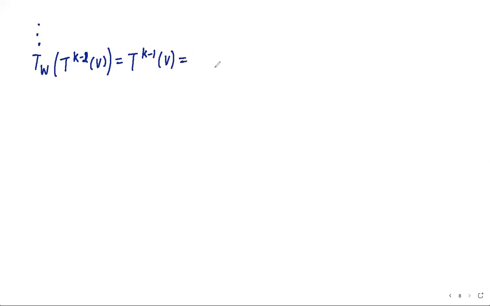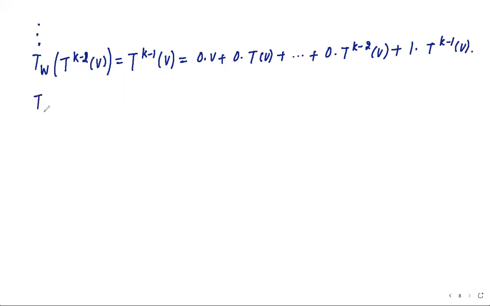So in the basis beta, this can be written as 0 v, 0 T of v plus so on, 0 T^(k-2) of v plus 1 T^(k-1) of v. And lastly, TW of T^(k-1) v. Now this is equal to T^k of v.